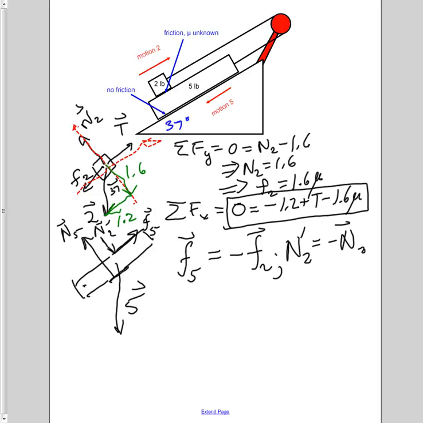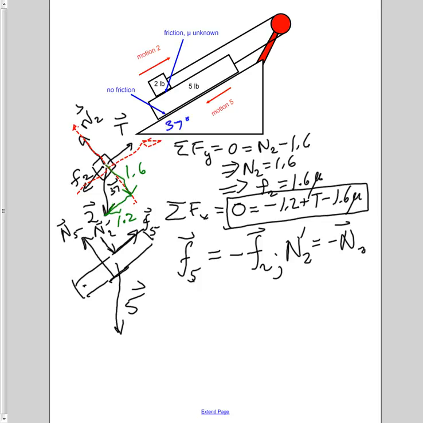Because of Newton's third law. F5 is the frictional force that the 2 exerts on the 5. F2 is the frictional force that the 5 exerts on the 2. N2 is the force that the 5 exerts on the 2, and N2 prime is the force that the 2 exerts on the 5.